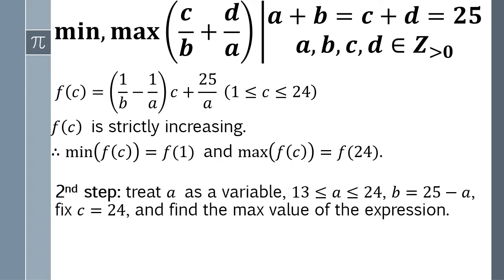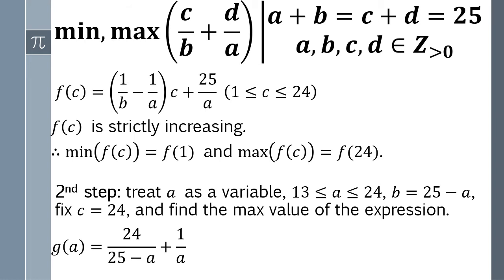In this step, C is fixed at 24, and A is treated as a variable. Then the entire expression becomes a function of A, and I'm writing it down here. G(A) equals 24 over (25 minus A) plus 1 over A.